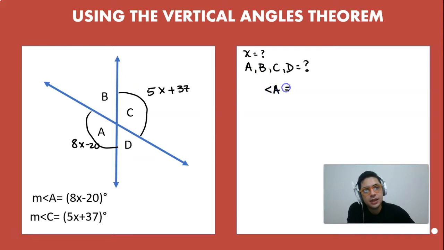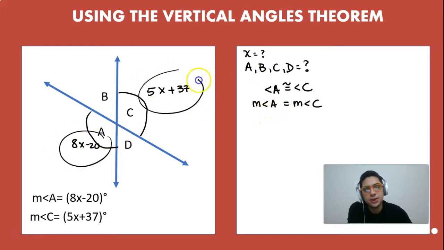Angle A is congruent with angle C. Because of that, we know that the measurement of angle A is equal to the measurement of angle C. When we substitute the values that they gave to us, angle A was 8x minus 20, and the measurement of angle C is 5x plus 37.